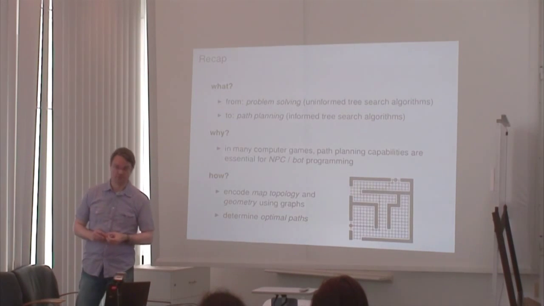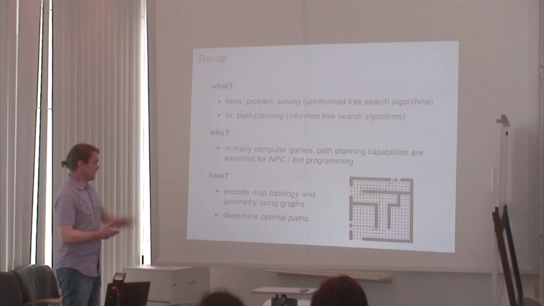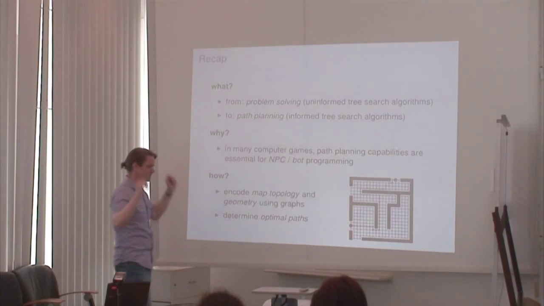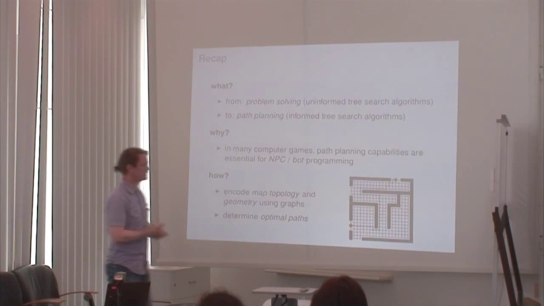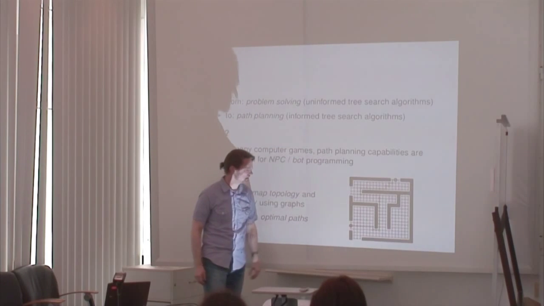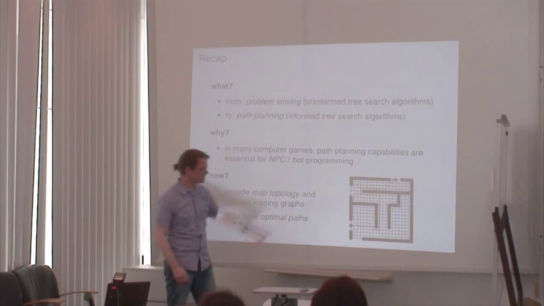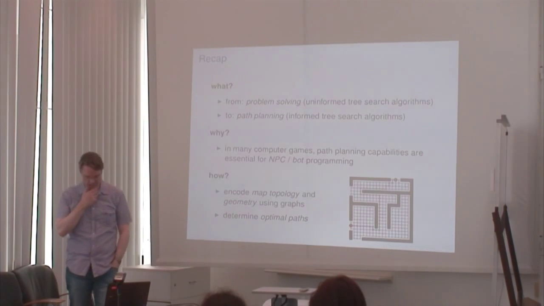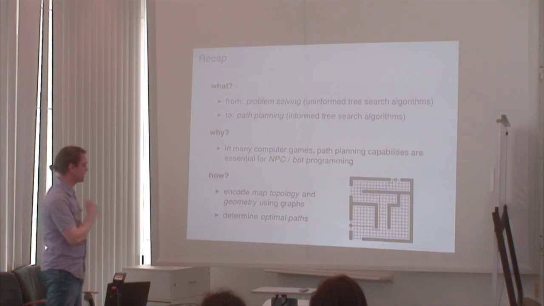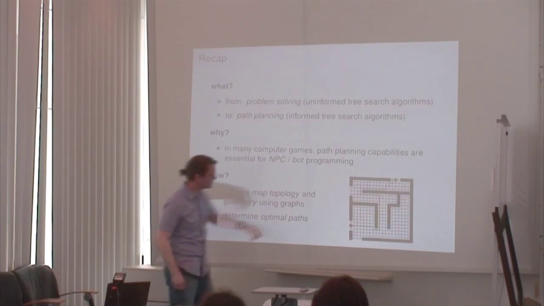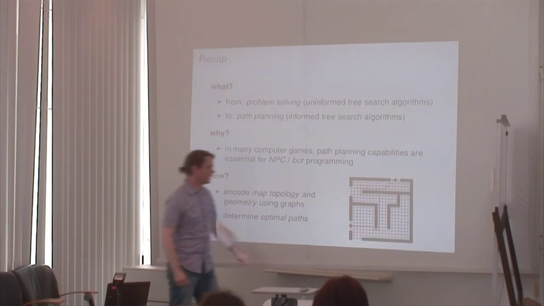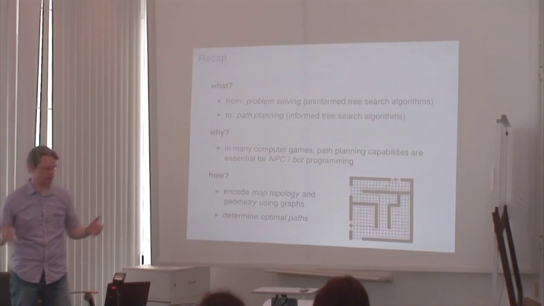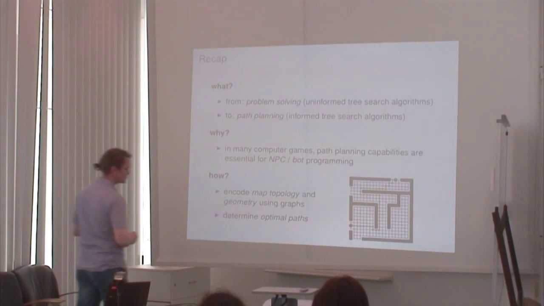using graphs. Here there is an example. We can think of this as a 2D representation of some, I don't know, dungeon, some fantasy game or whatever. Here is part of a map, some room, say. The black curves here denote walls, something we cannot see through, cannot walk through, but all these little gray dots are meant to represent locations on this map a player or a non-player character can actually assume.